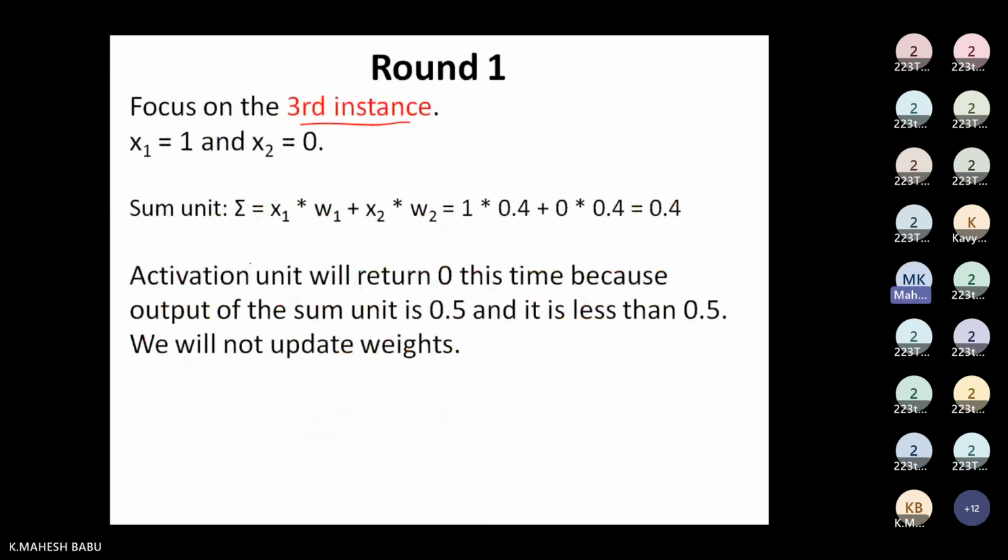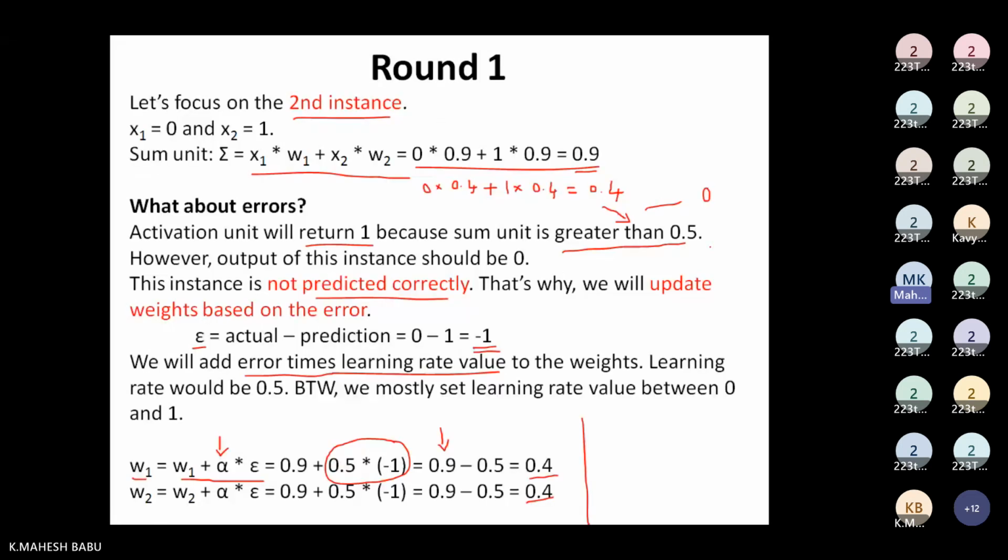Find out the sum: 1 into 0.4 plus 0 into 0.4. The result is 0.4. 0.4 is less than 0.5. The output is false. That's why it is giving 0 as output. So this is what you are expecting here.